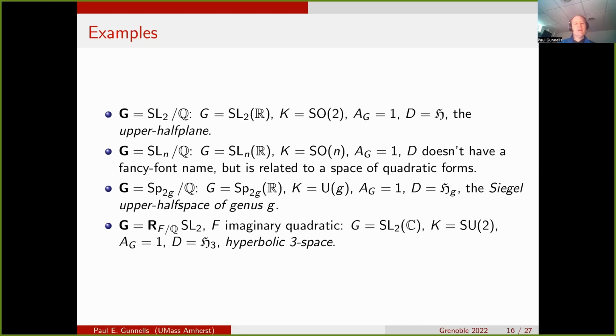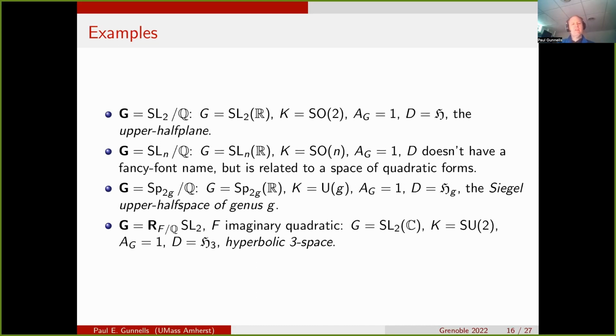If AG is 1, what is the center in this case? SL2R's center just consists of the identity and also -1, -1 on the diagonal. So there's no central rational torus sitting there, and the connected component of the identity is just 1. The symmetric space in this case is the upper half plane, two-dimensional hyperbolic space.